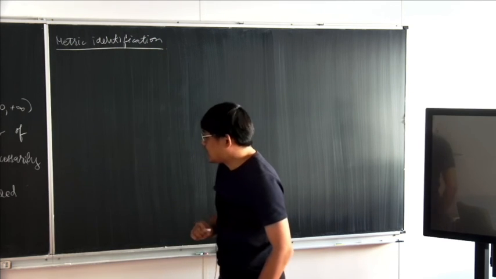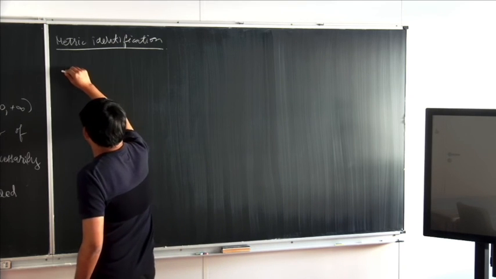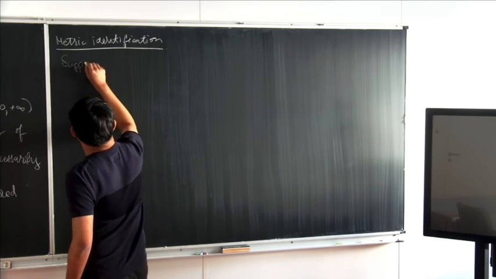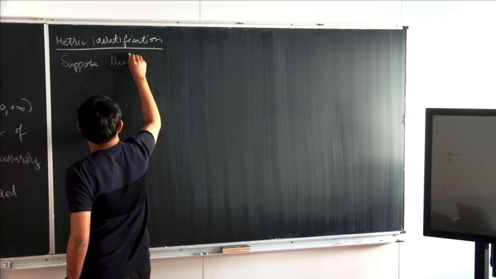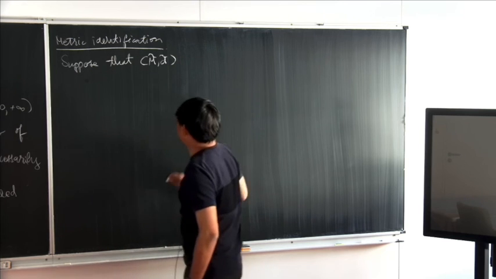So what is a metric identification process? Suppose that (M tilde, d tilde) is a pseudometric space.